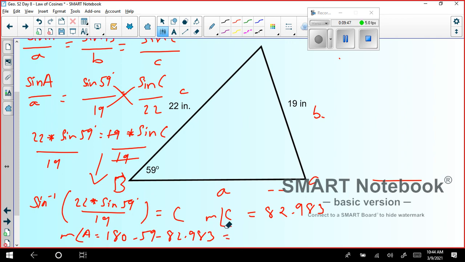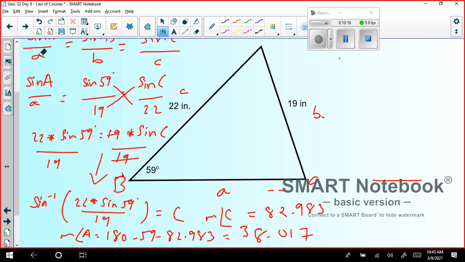So if I put that in the calculator, 180 minus 59 minus 82.983, I get 38.017. That will be our angle A.